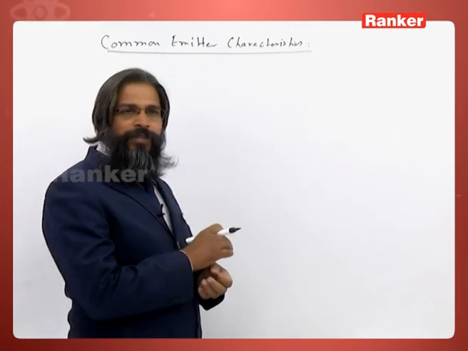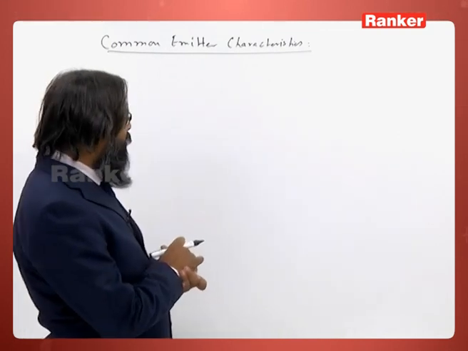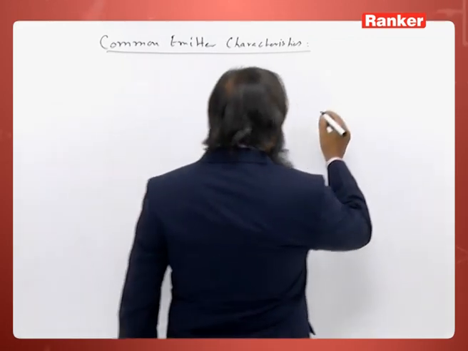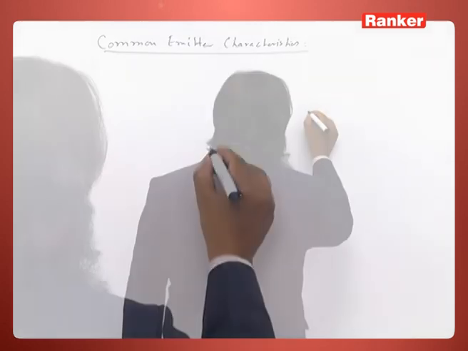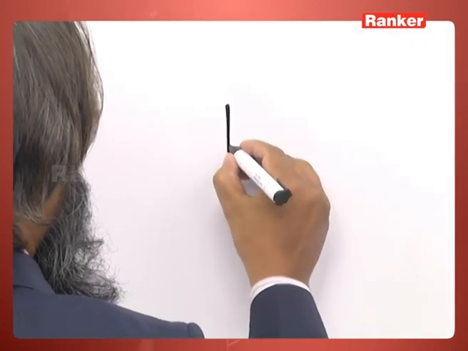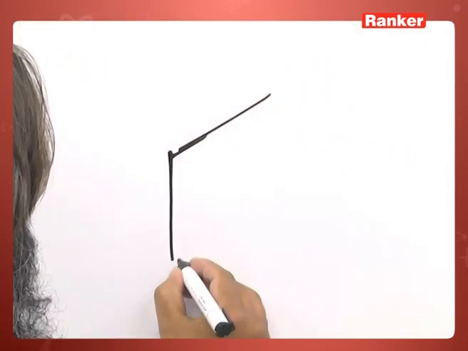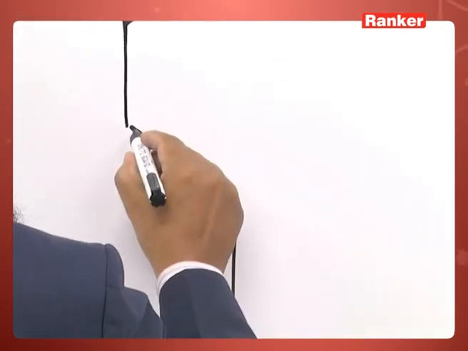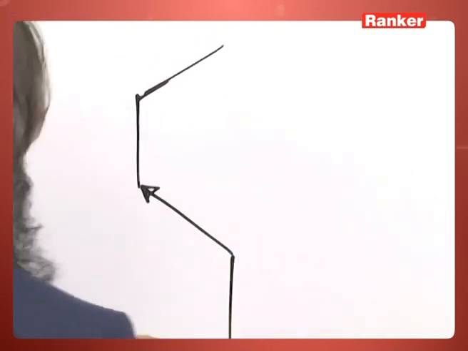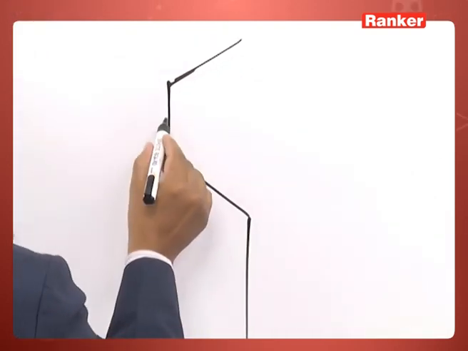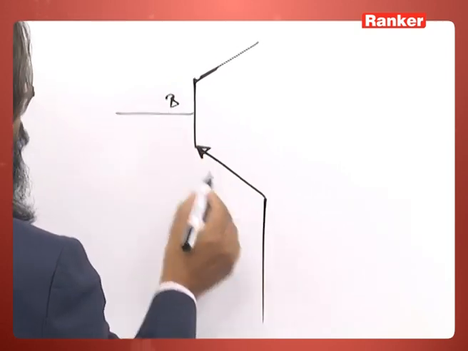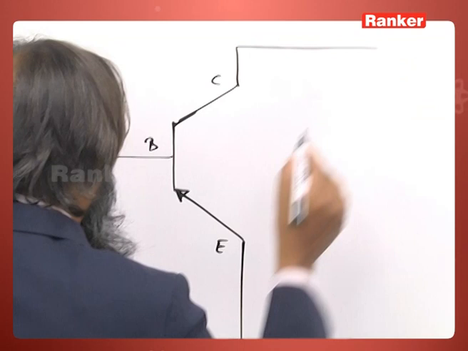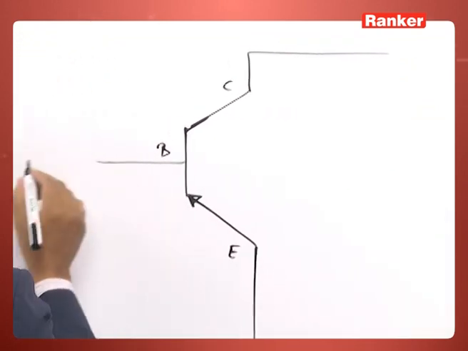In order to study the common emitter characteristics, we design a circuit. Let us see how we can do so. This is my transistor in which this is common emitter. Suppose this is base, this is emitter and this is collector.